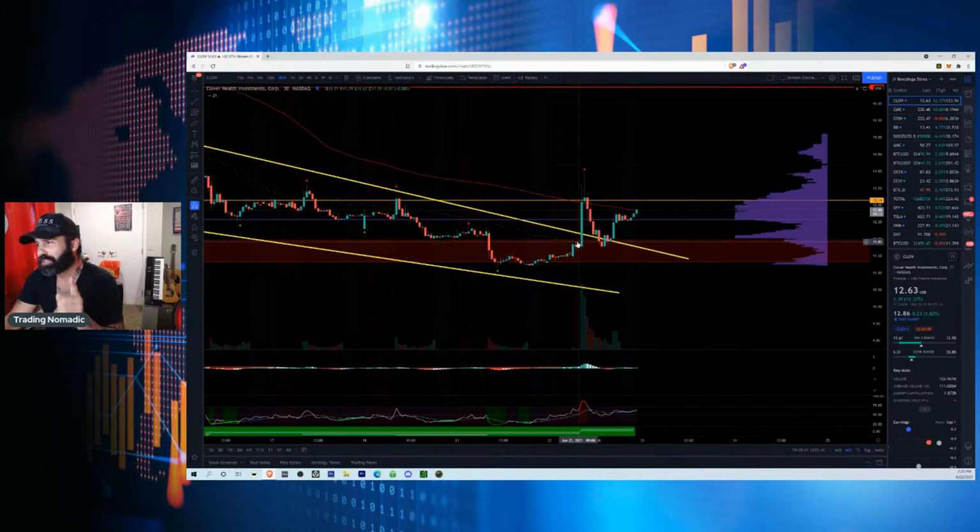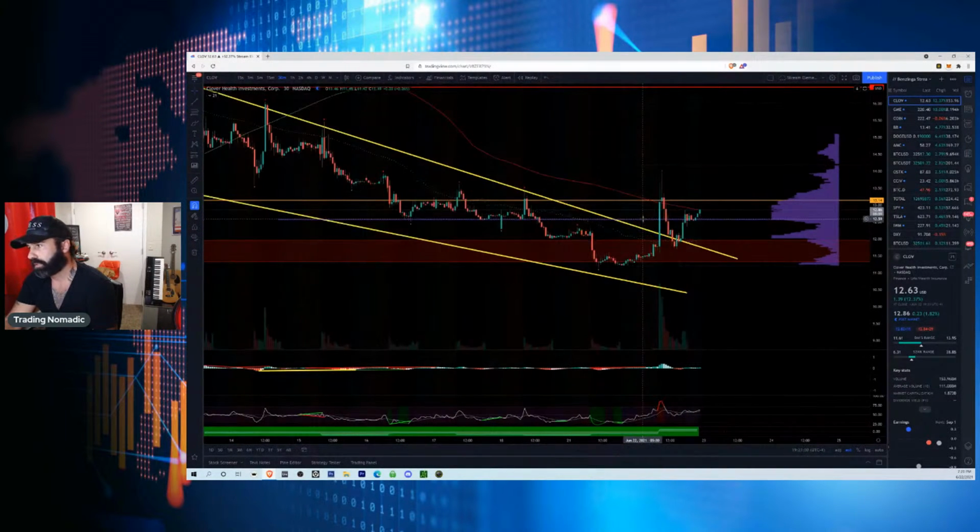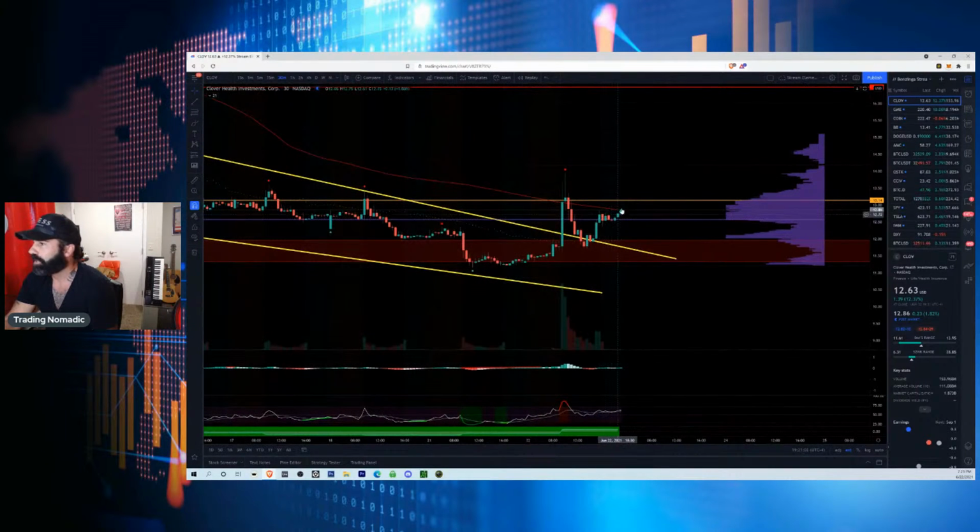You broke the resistance and you come back down and you tested it as support. But not only that, after that, you just engulf right back up to this support line. You broke that and you're moving up again.